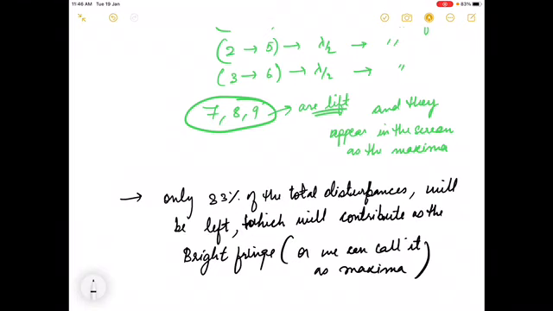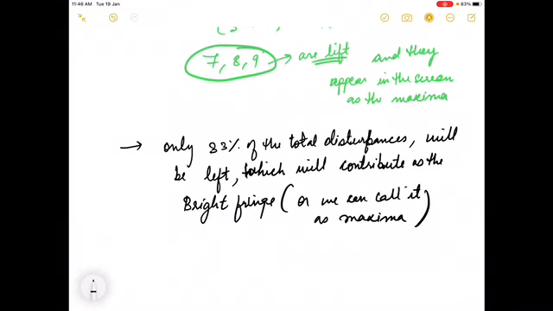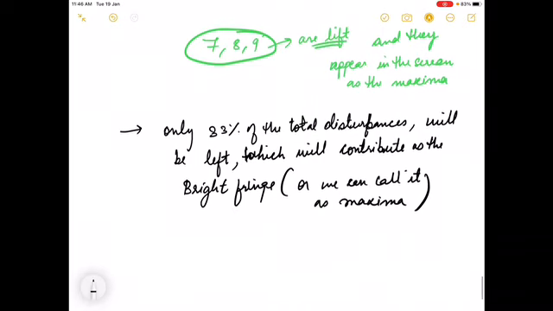I hope that is understandable. So because of that, we can see the intensity kept reducing as we move forward.